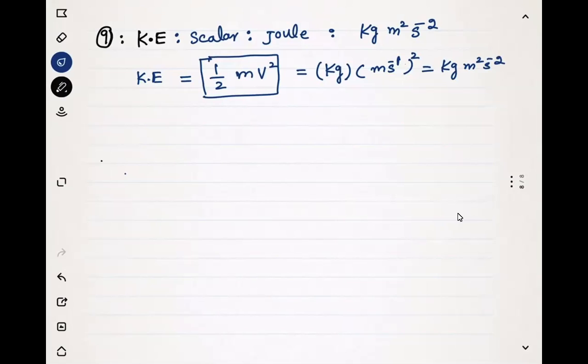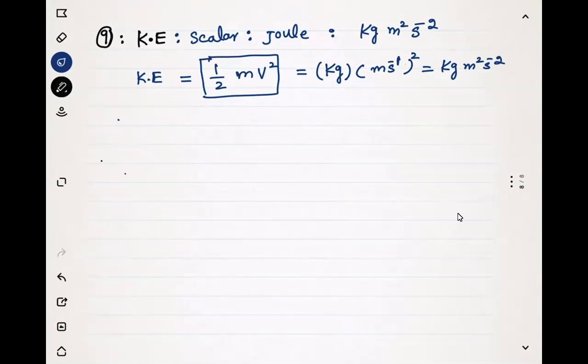There is kinetic energy. Now from quantity number 12 to 15, all the quantities are about deformation. So deforming a wire or some object, compressing an object or stretching an object.